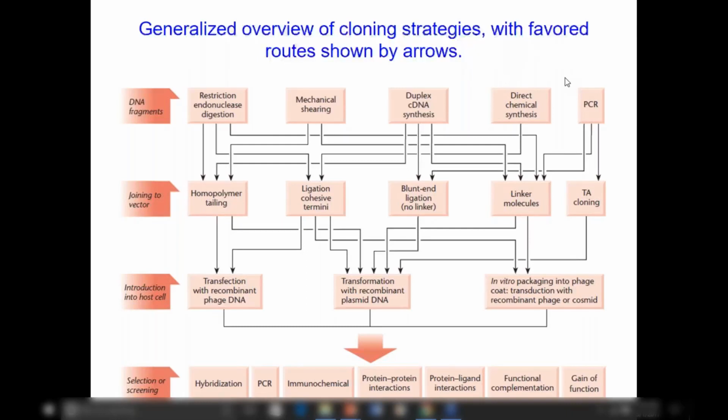Still you have a question, guys? How will you know which plasmid contains which gene?